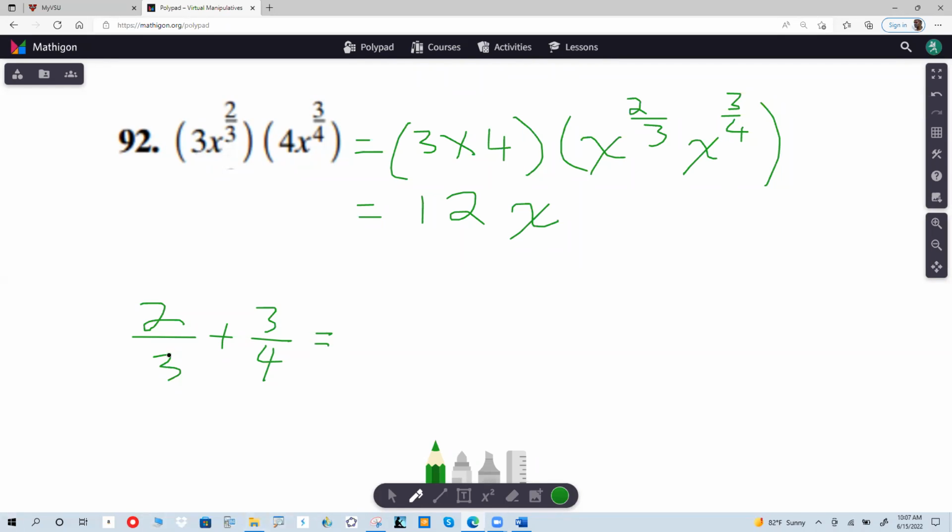If I multiply the top and bottom of the first fraction by 4, I get 8/12. If I multiply the top and bottom of the second fraction by 3, I get 9/12. And 8 plus 9 is 17/12. So that's my answer, 17/12. Done.